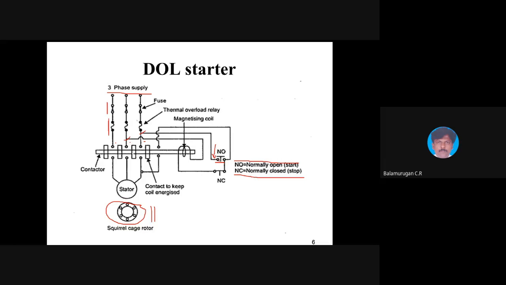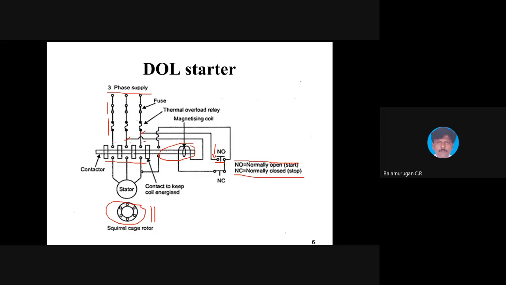And if you press it, what will happen? It will short circuit, so the two-phase supply will go into this coil, and the coil will get energized. Once energized, it will pull this arm towards the right side.